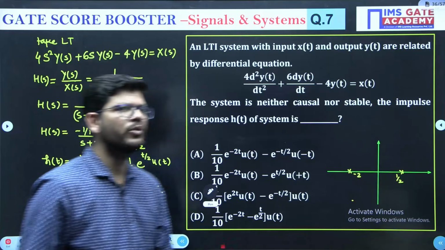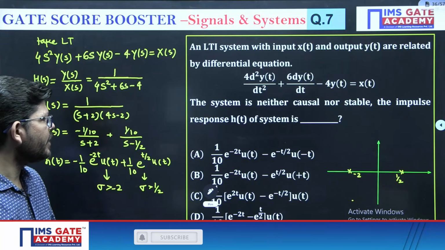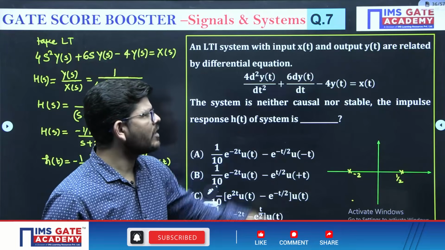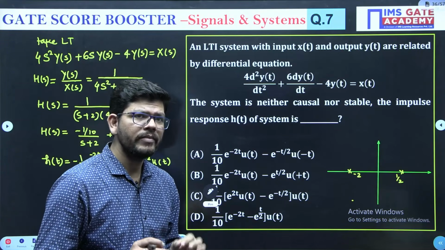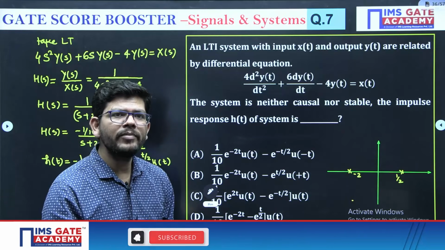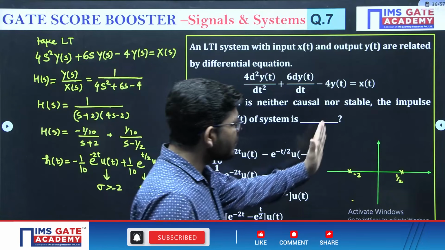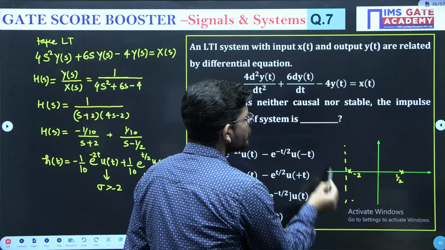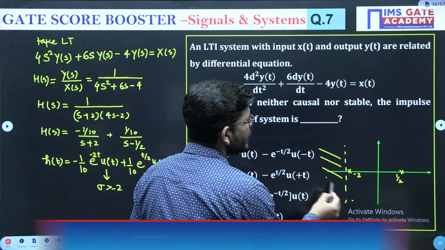Correct? Now what do we want? We want the system to be neither causal nor stable. If the system wants to be non-causal, the ROC should be left side to the leftmost pole. Who is the leftmost pole here? The leftmost pole here is minus 2. So the ROC should be left side to it.